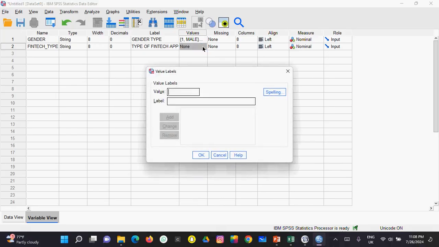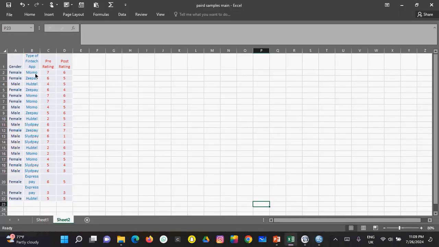Values, and choose any of them. So they are basically 1, 2, 3, 4, 5. There are basically 5 applications in here.